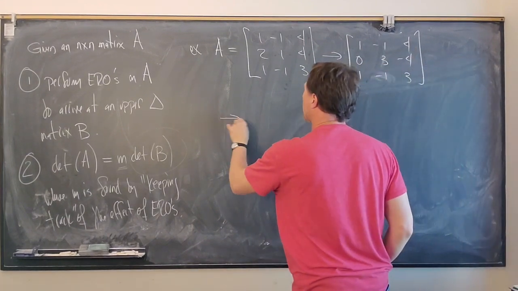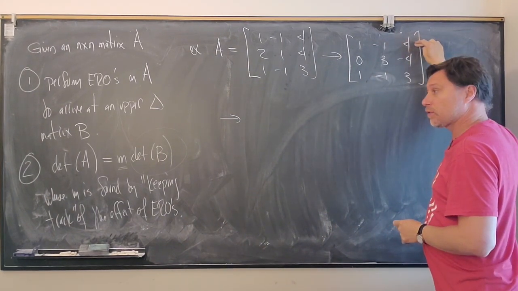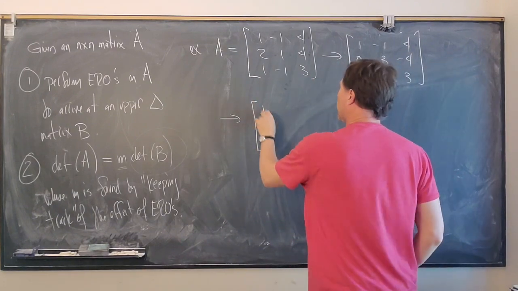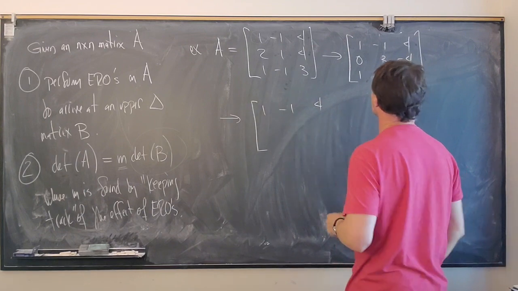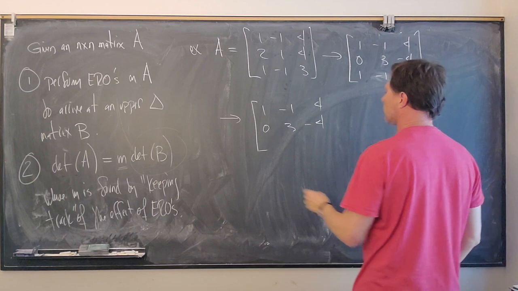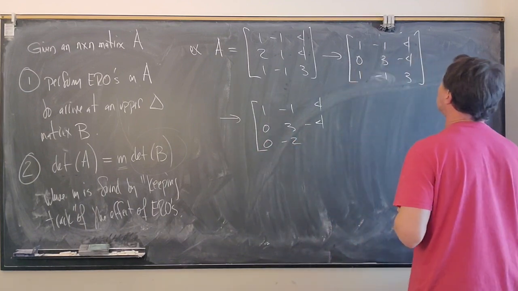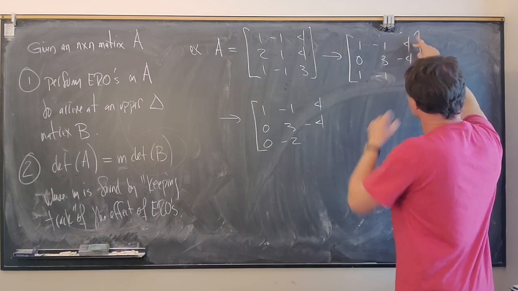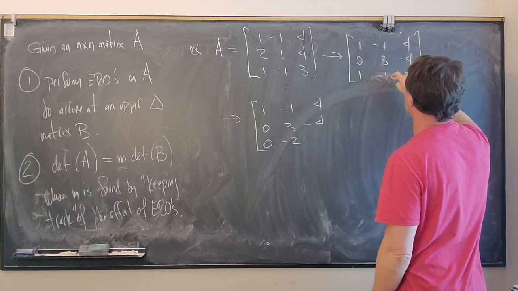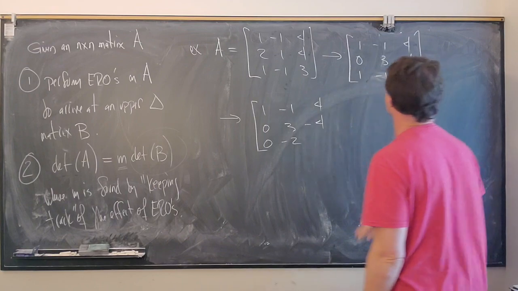Okay, so the next row operation, I'm going to add -1 times the first row to the second row. So we'll have 1, minus 1, 4, 0, 3, negative 4, and then this is going to be a 0, negative 2... Nope, sorry.